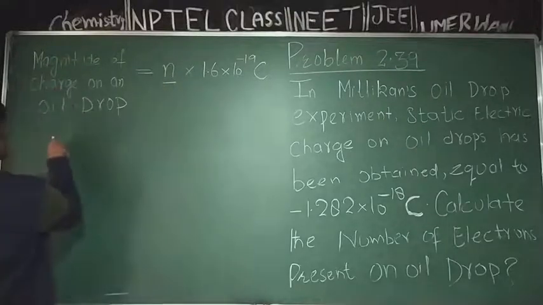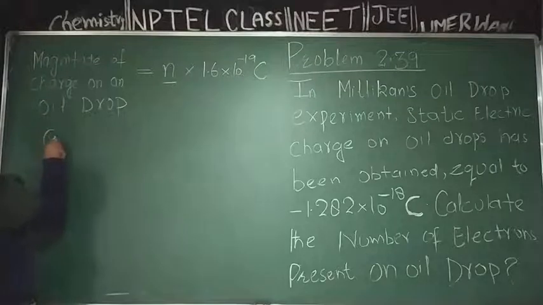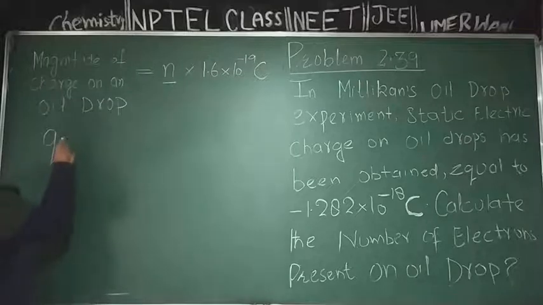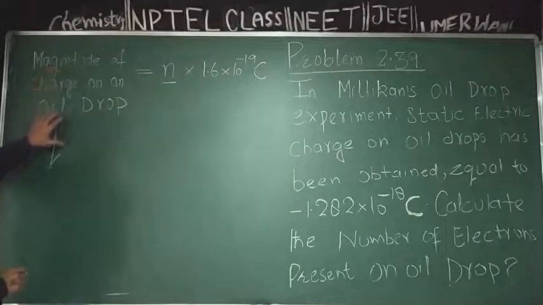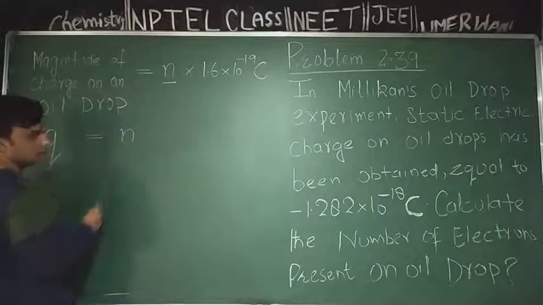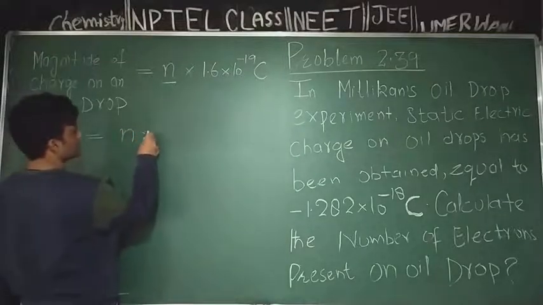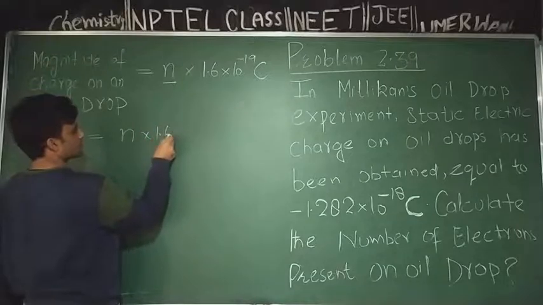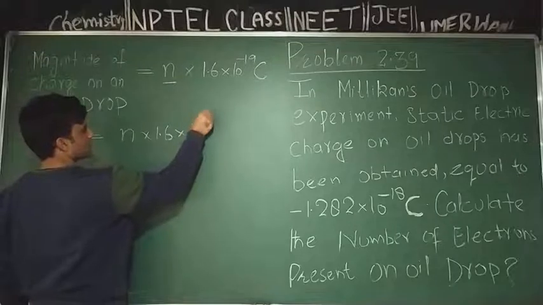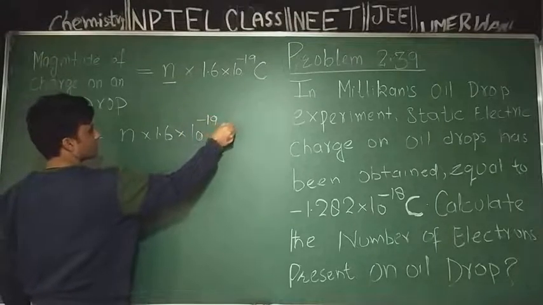So I can write this equation like this. The magnitude of charge carried by an oil drop I will represent by small q. Small q will be equal to an integral multiple of 1.6 into 10 to the power minus 19 coulombs.